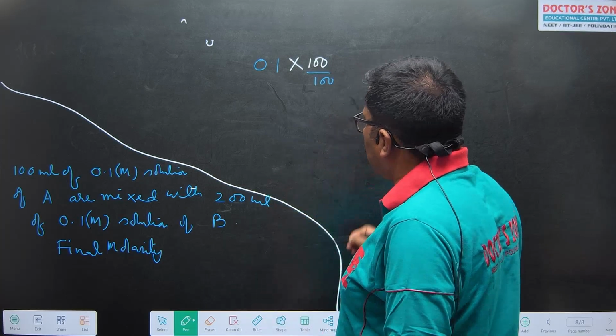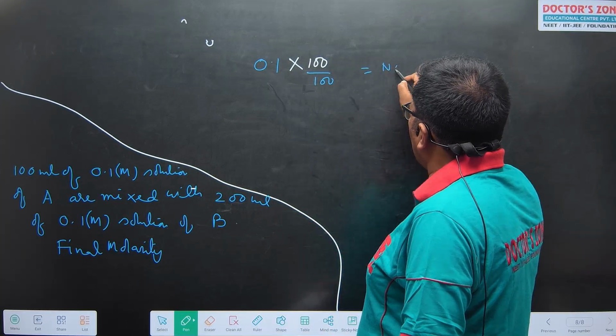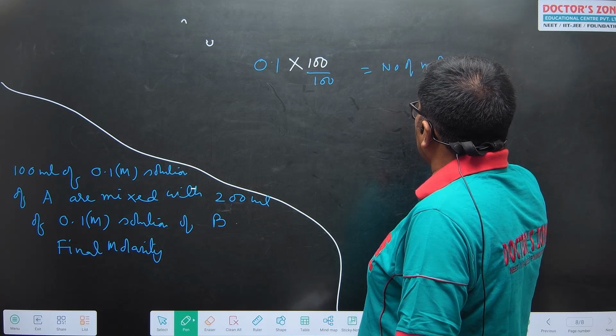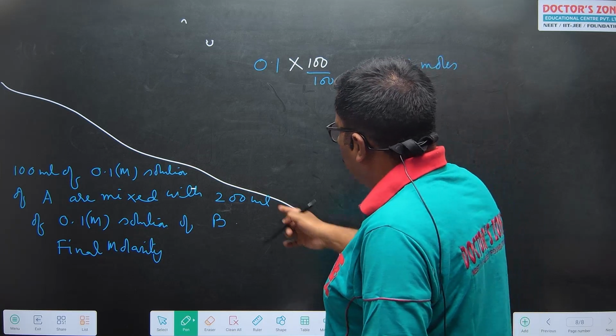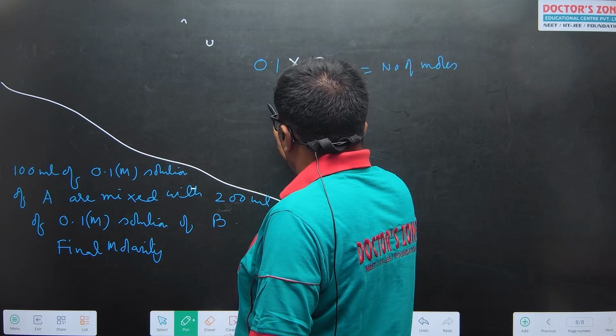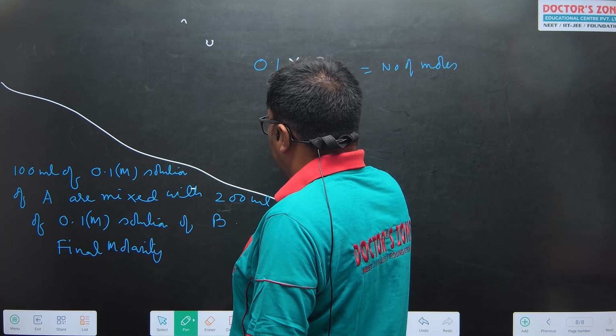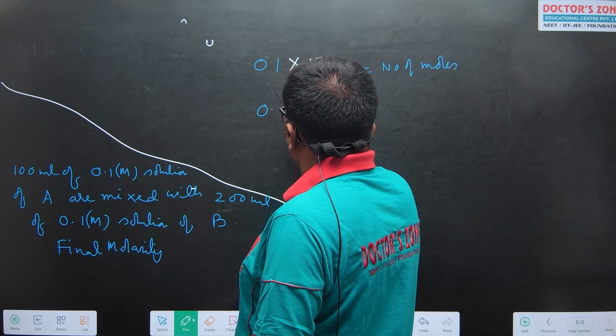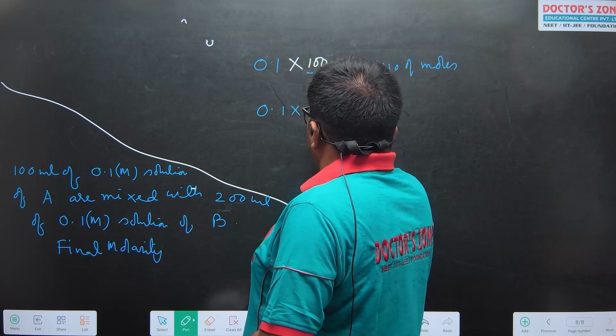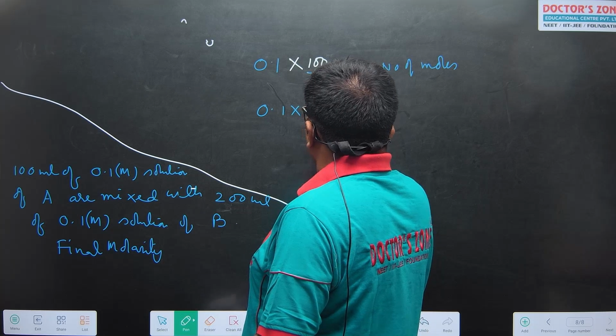This gives the number of moles. Similarly, for the other it will be 0.1 into 200 by 1000.